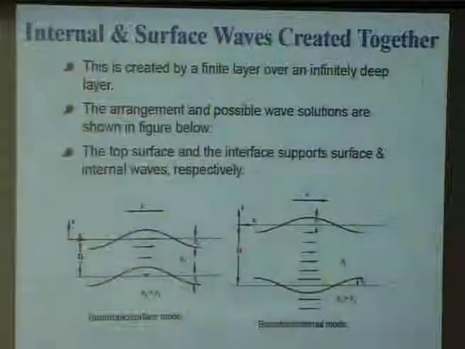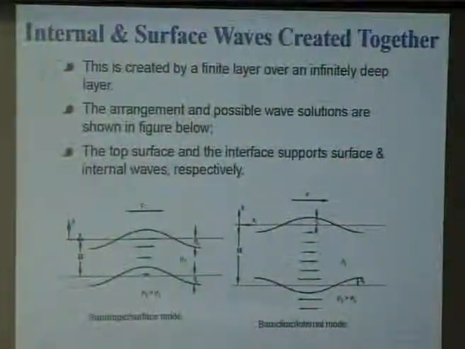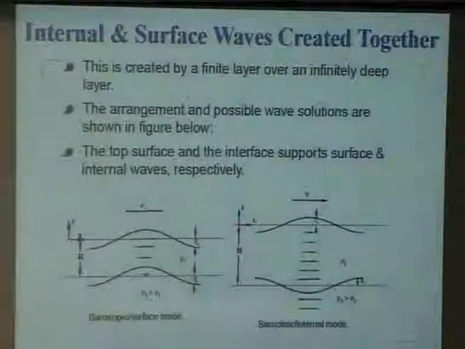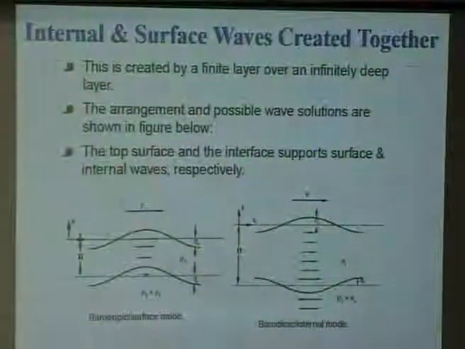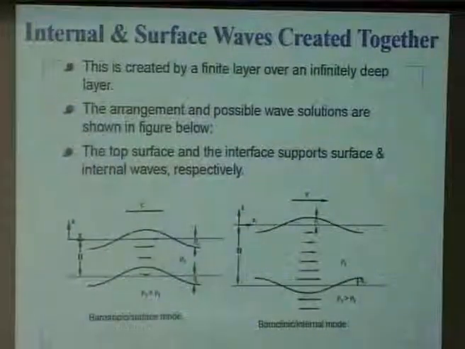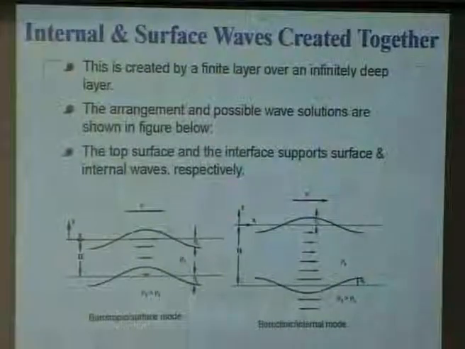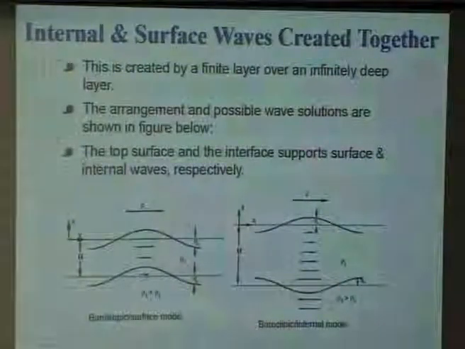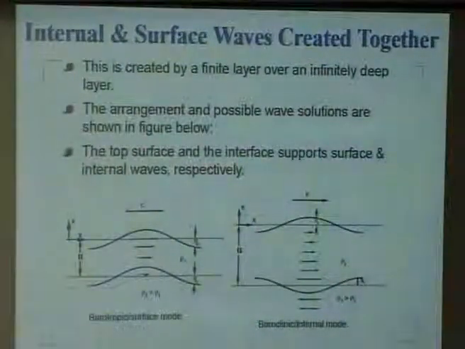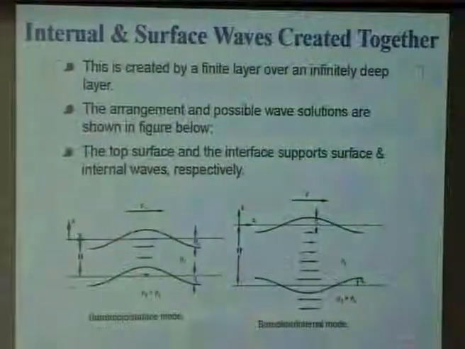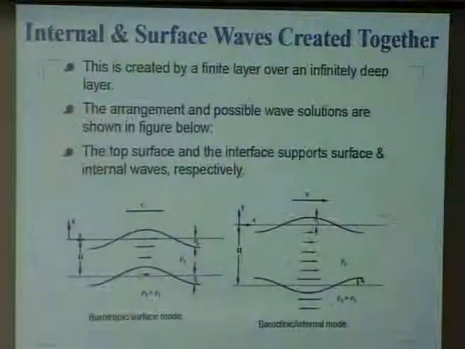Whereas, if you look at the other case, where the displacements are opposite to each other, this is what we call an internal mode or baroclinic mode. We also call this barotropic mode the sinuous mode, because this goes like a sinusoid, whereas this baroclinic mode is called the varicose mode.